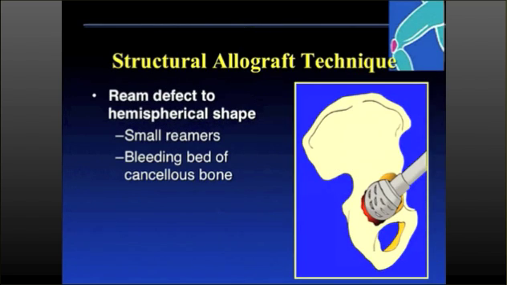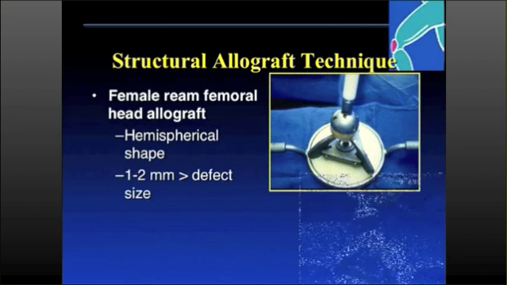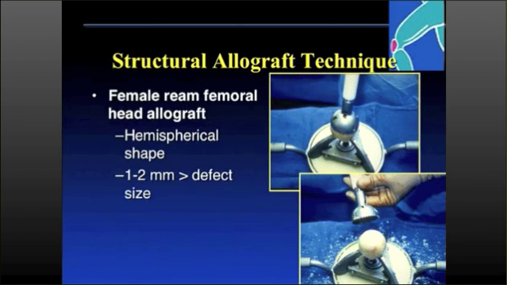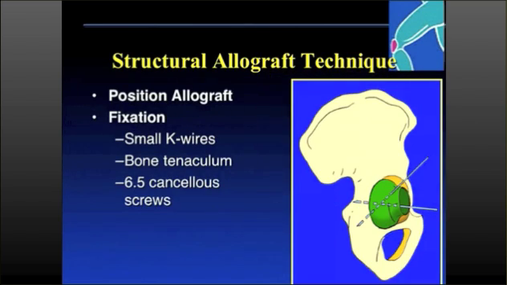If you decide to use the structural allograft, you can ream the defect to a hemispherical shape using small reamers. You ream down to a bleeding bed of cancellous bone. Then on the back table, you can prepare the structural allograft using these female reamers. And ideally, you want to have a graft that's roughly about 1 to 2 millimeters greater than the size of your defect.